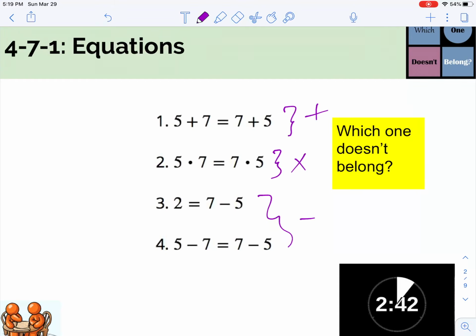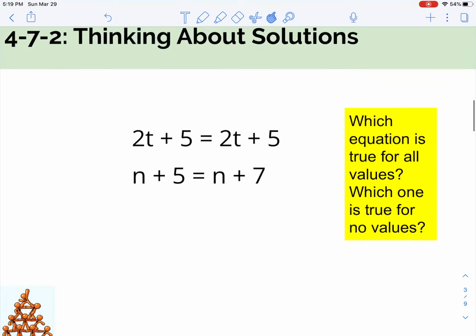So you could say that number 1 doesn't belong because it has addition. You could say number 2 doesn't belong because it has multiplication. Or you could say something about 3 or 4 not matching 1 and 2 because they have subtraction. They just wanted you to see the difference in the operations there. So that's all you have to worry about for that.